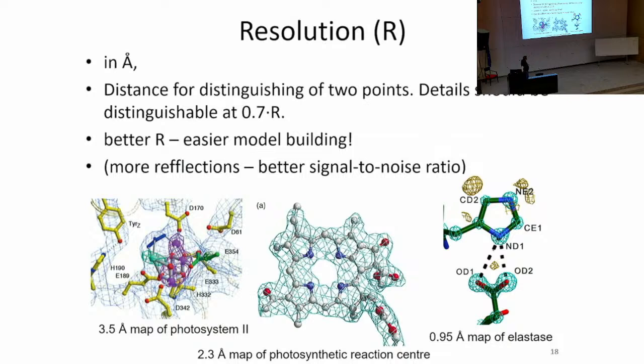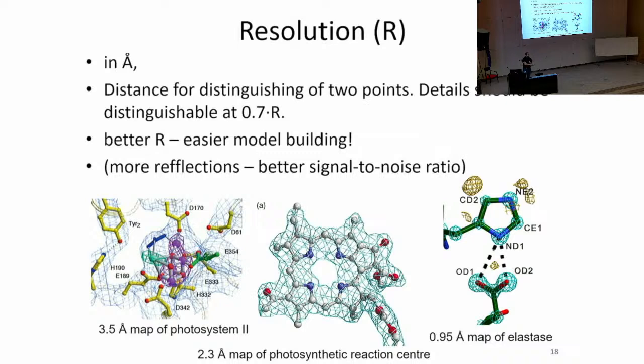The second one is a 2.3 Å map of a photosynthetic reaction center, and in this case the positions of individual atoms are quite nicely visible, and therefore it's possible to see that this belongs here. It's always worthwhile to check the electron density, especially of the ligands, because that's typically the problem when you are trying to use the structure.